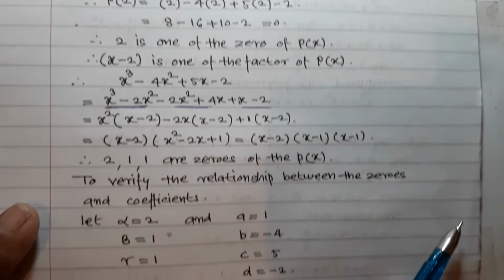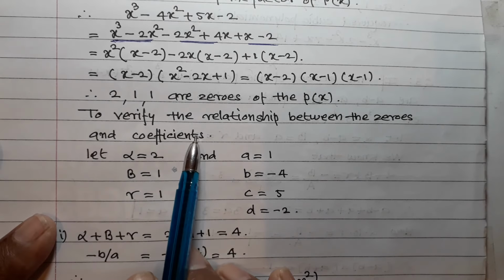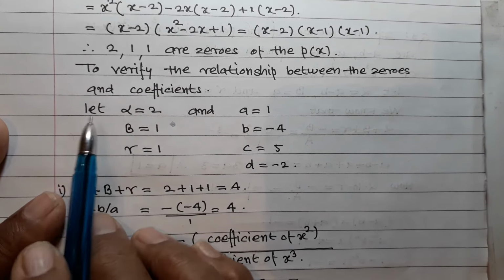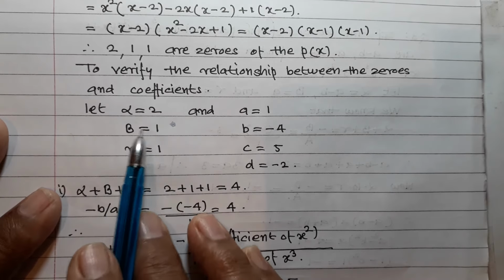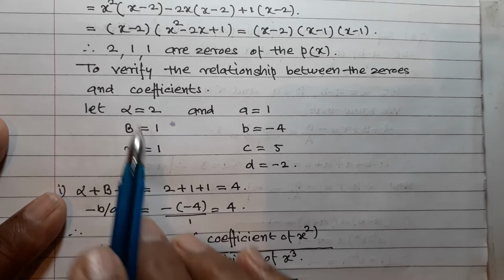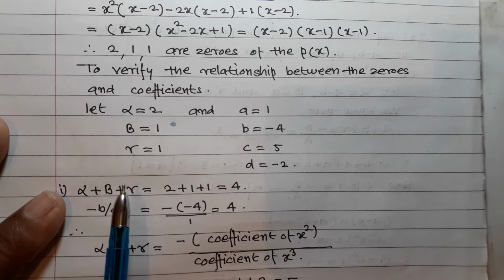Okay. Now to verify the relationship between the zeros and coefficients. Let alpha is equal to 2, beta is equal to 1, gamma is equal to 1, and the polynomial is x cube minus 4x square plus 5x minus 2.